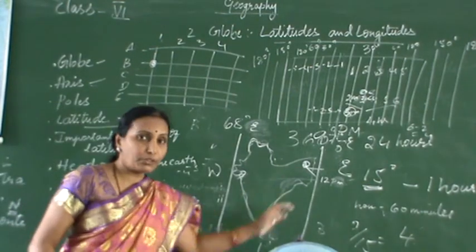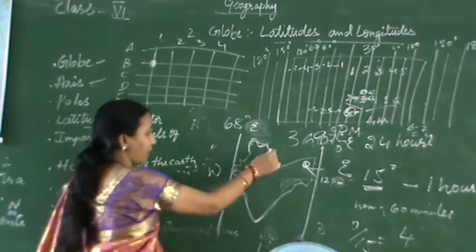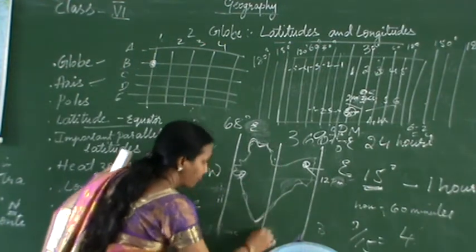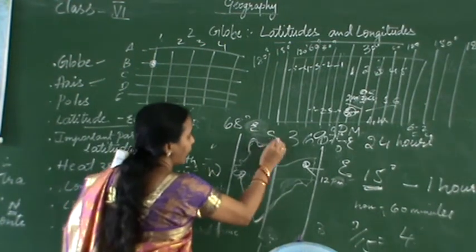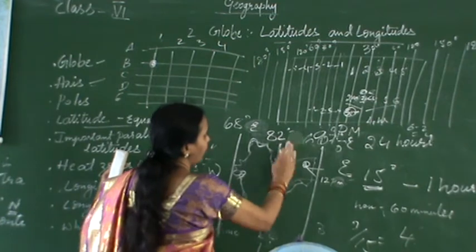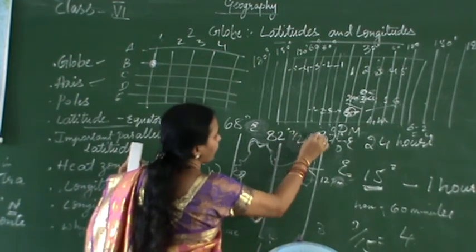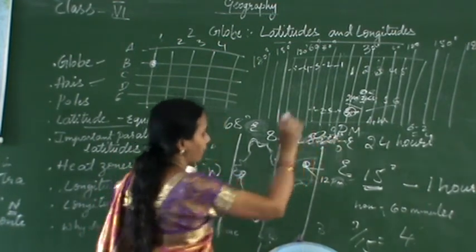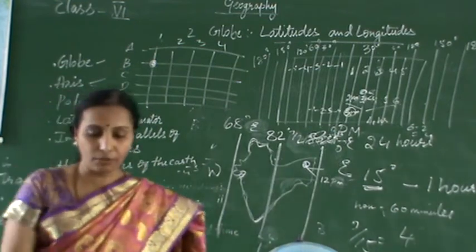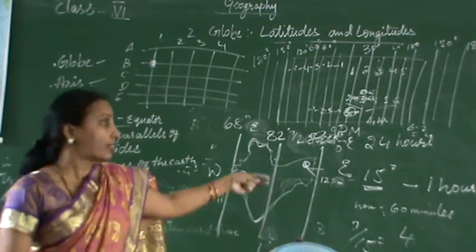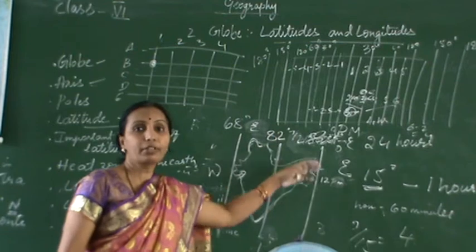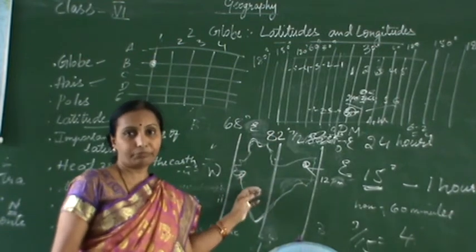To avoid this whole confusion, one standard time has been taken at 82 and a half degrees east. 82 and a half degrees east is the standard meridian for maintaining the time.